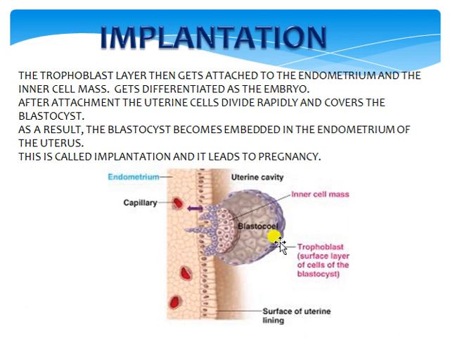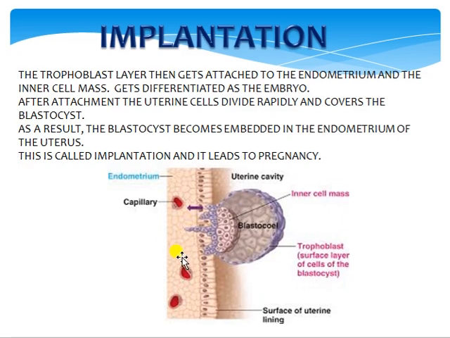Rather, the trophoblastic cell layer adheres with the inner lining of the uterus, and the inner cell mass is present at the opposite pole and divides further to form the embryo. The uterine lining cells also start dividing, and that causes the blastula configuration to get embedded, and that is implantation.